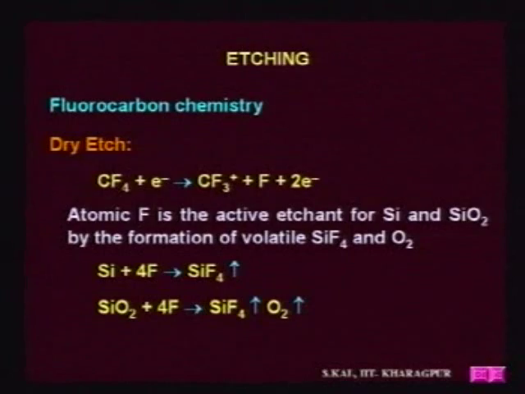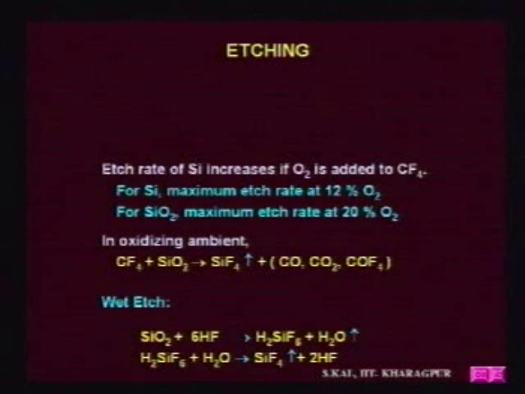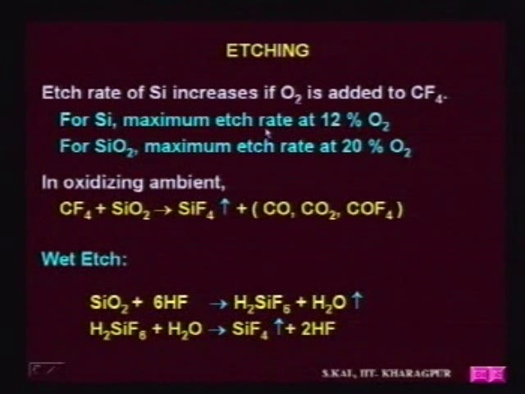In this case, the etch rate of silicon increases if a certain amount of oxygen is added to CF4. How? Because this extra oxygen will form CO, CO2 and COF4, and they will increase the fluorine atom concentration in the chamber.